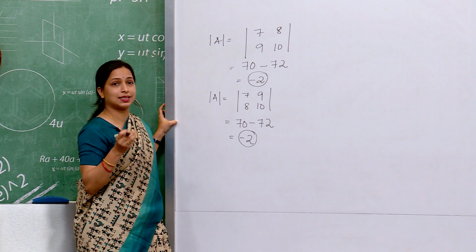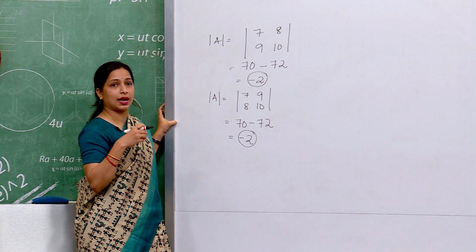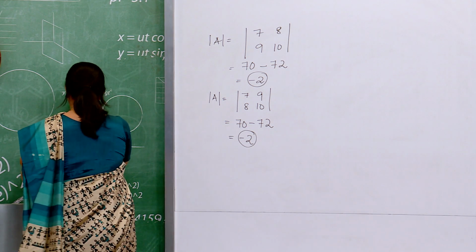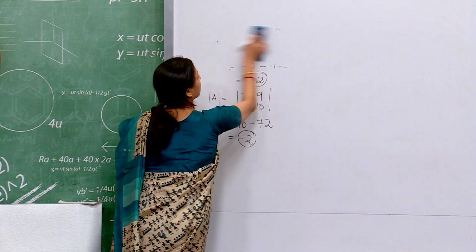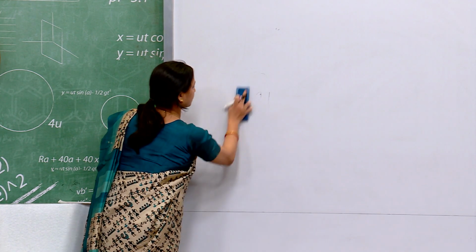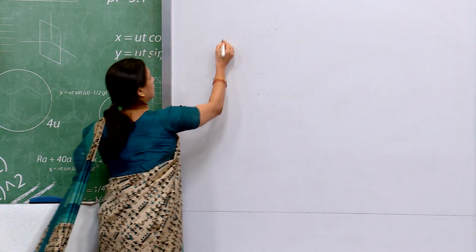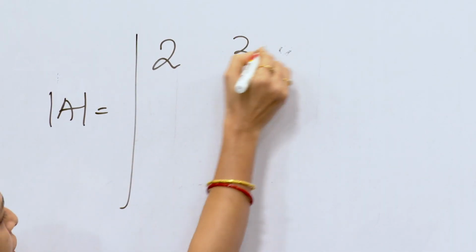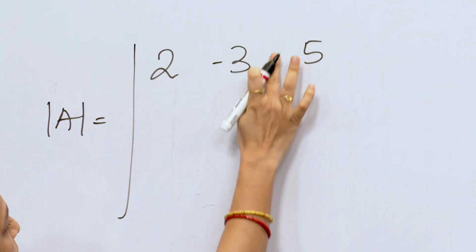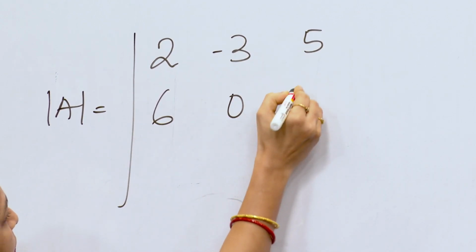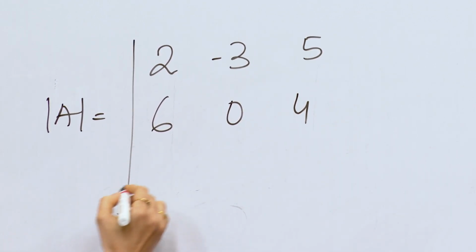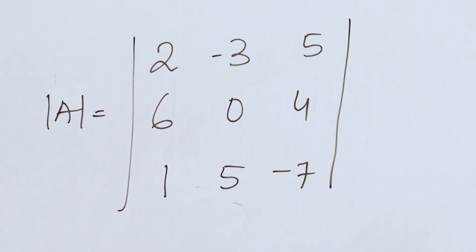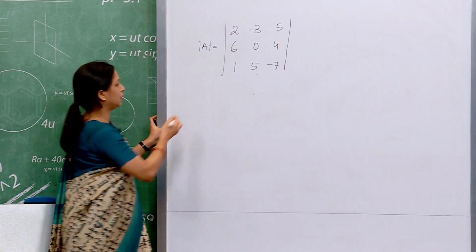Right. Now, let us take the same property and explain it with the help of an order 3 determinant. So, if I take an order 3 determinant, let us find the determinant of this order.